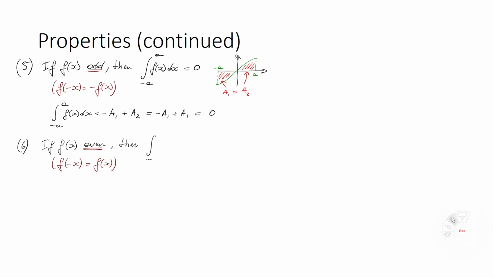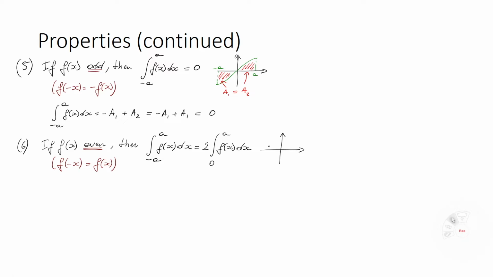Then the integral between two symmetric boundaries, minus a and a, is no longer 0, but is equal to 2 times the integral from 0 to a. Sometimes you can save yourself a bit of work with this rule, because evaluating the integral at 0 usually is a little bit simpler. And the intuition for that rule is similar to the one for odd functions.